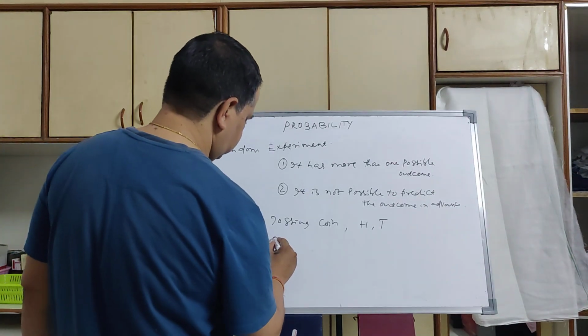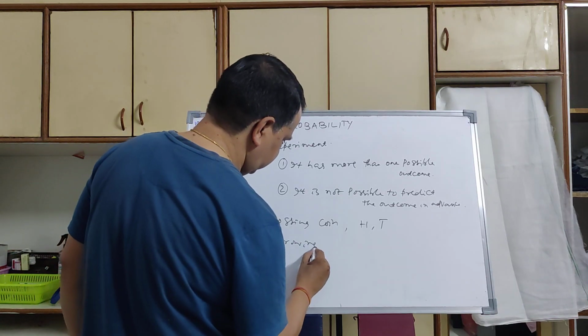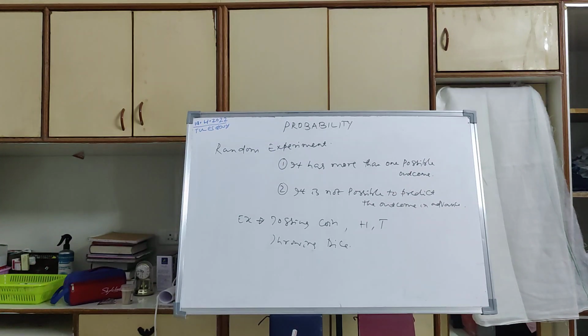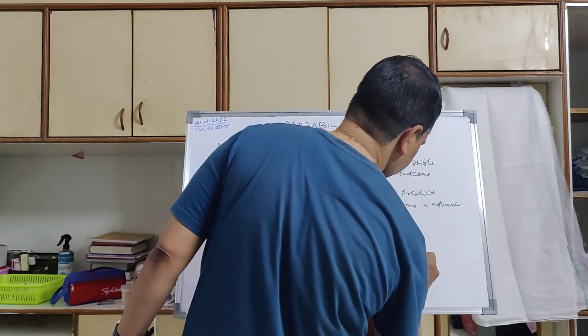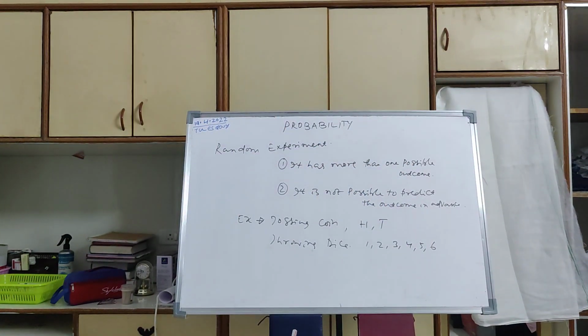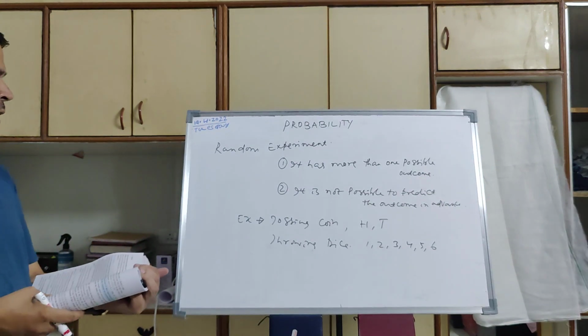Similarly, like throwing a dice. You are not sure whether one will come or two or three or four or five or six will come. So these are some examples where you are not sure about the possible outcome.